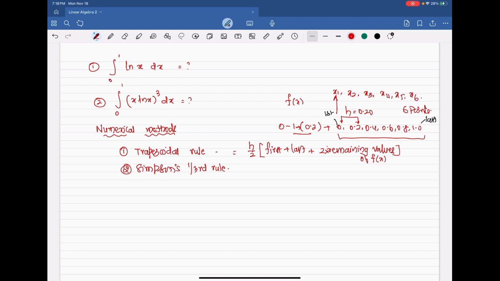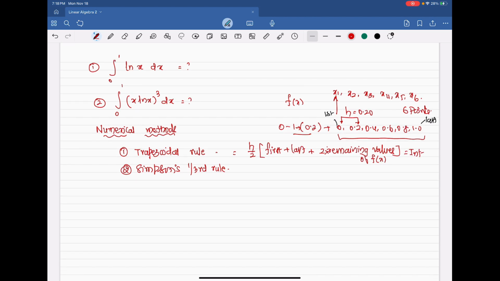First is x1 for x equal to 0 and last is x6 for x equal to 1, and second is x2 for 0.2, then 0.4, 0.6, 0.8 and 1. Now, trapezoidal rule says h by 2 into first value of the function plus last value of the function plus 2 into remaining values of the function. This is the value of the integral in the given interval.